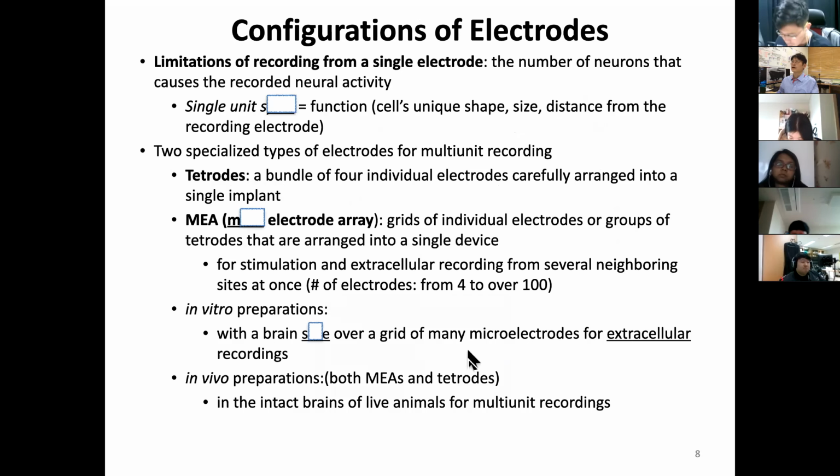So the configuration of these electrodes: we can see what the limit would be if I have only one single electrode. With one single electrode, the number of neurons that cause the recorded neural activity is probably one single signal, then we call this a single unit.